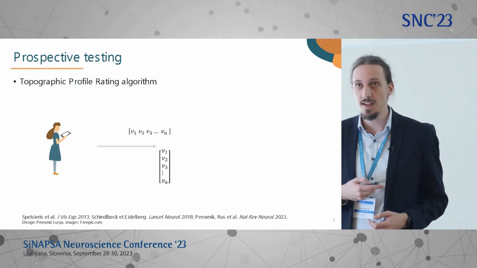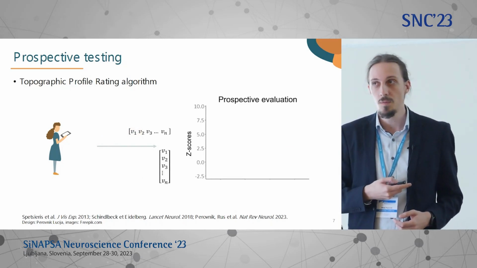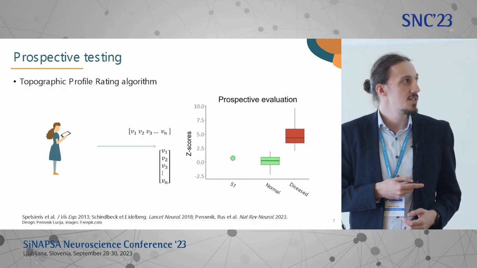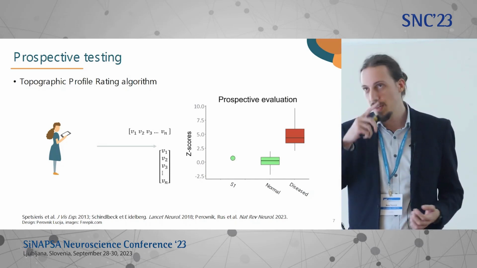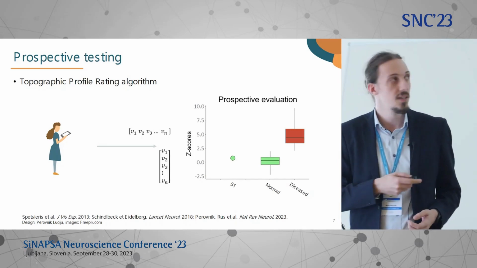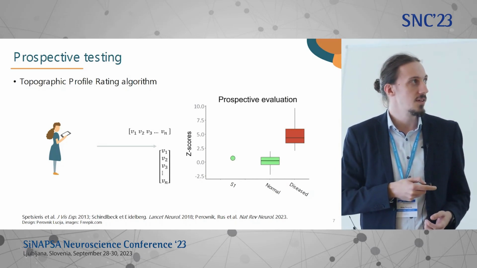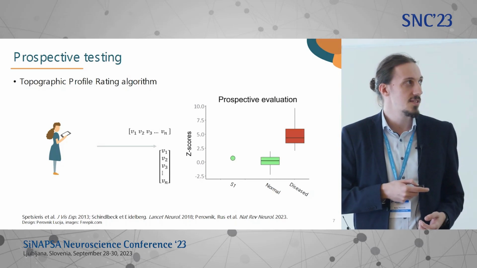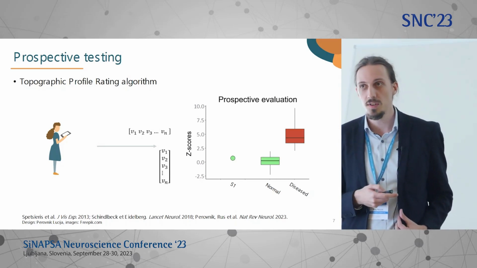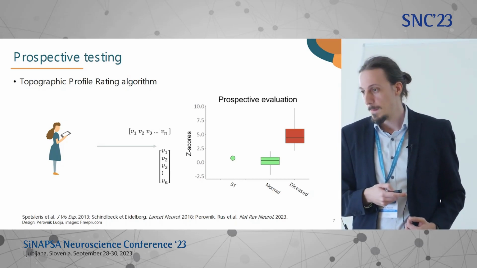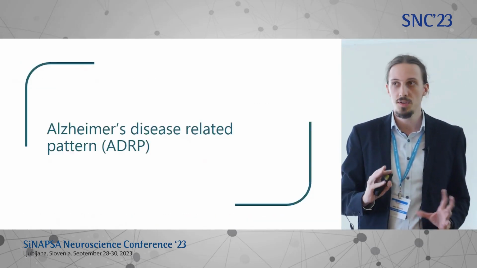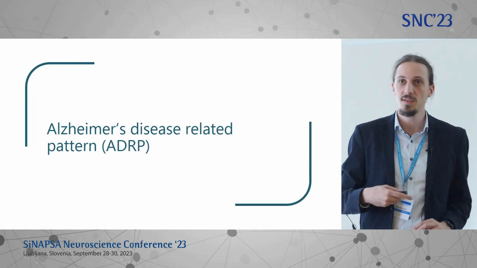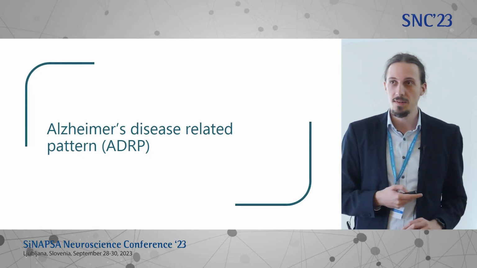A dot product is calculated, and a personal score is assigned to that lady's scan, and we can then do whatever we like with this personal score. Here we are comparing it to disease and healthy individuals, and we can see that her score is in the normal range. So with the methodology behind us, I'll now introduce a couple of examples related to the dementia field.